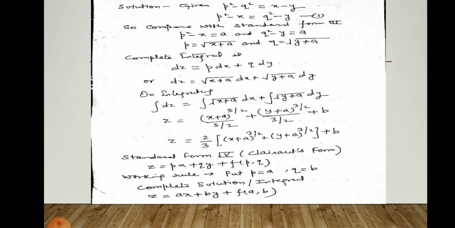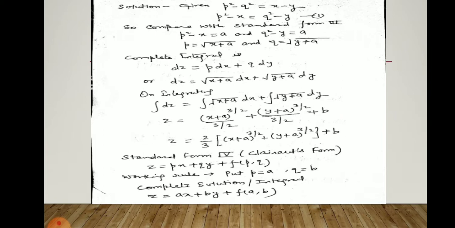So z is equal to 2 by 3 (x plus a) to the power 3 by 2 plus 2 by 3 (y plus a) to the power 3 by 2 plus b, which is the required solution of this problem.